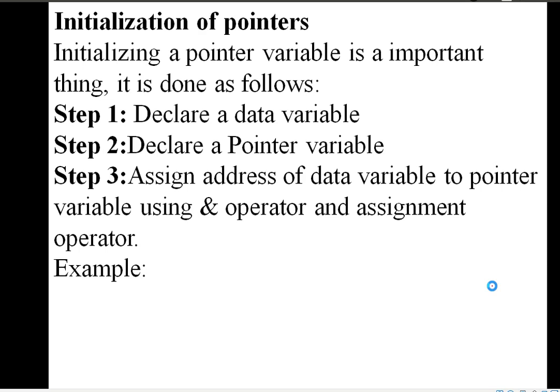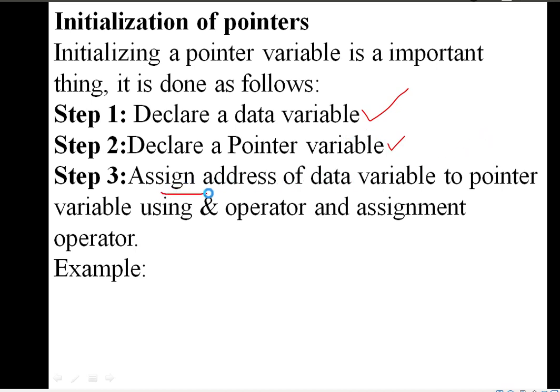Now, initialization of pointer. Whatever we did in the previous example is called initialization of pointer. First, declare a data variable, int CSC, that is a data variable. Declare a pointer variable, int star AITM.